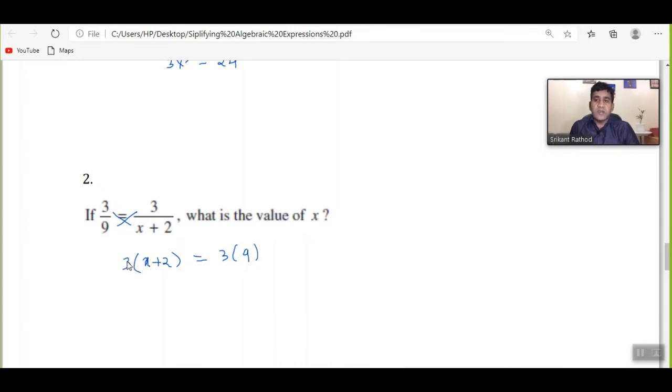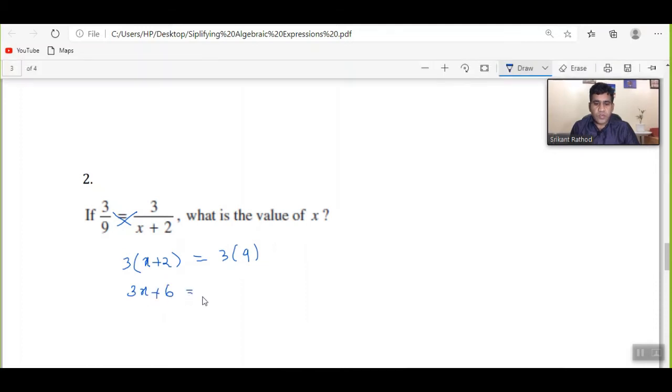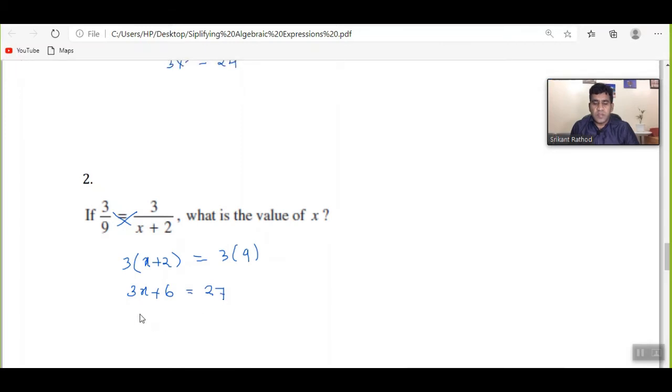Then use the distributive property, 3 times x is 3x plus 6 is equal to 9 times 3, 27. So arrange the like terms, minus 6 minus 6, what are we going to get? Cancel.